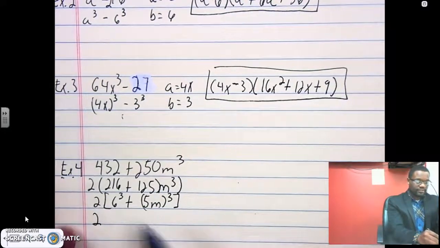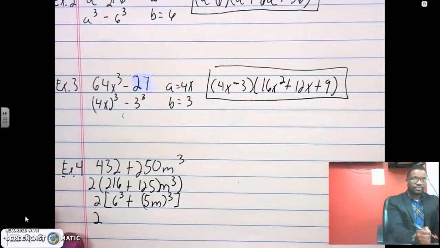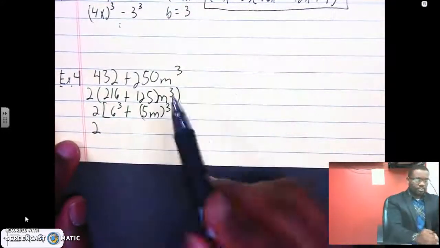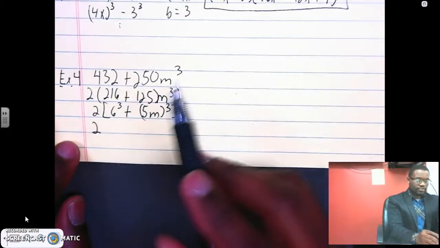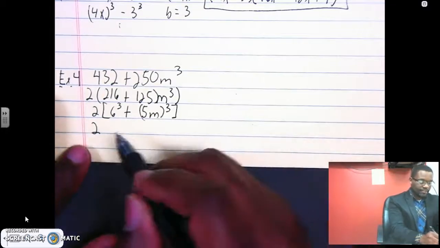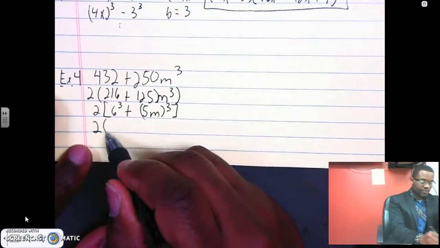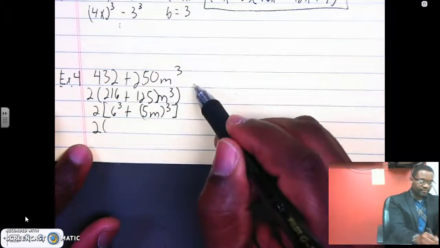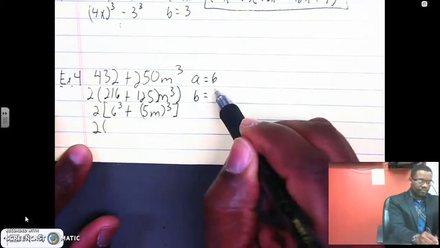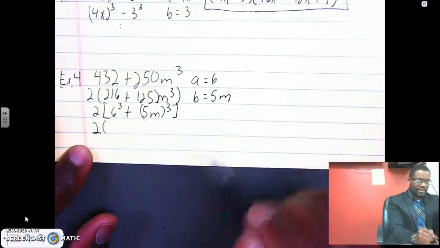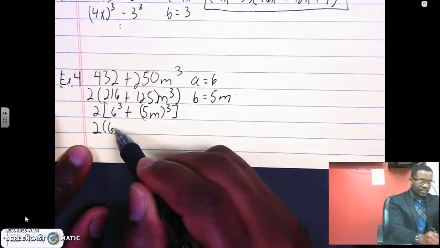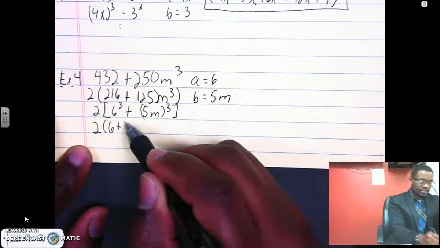I bring my 2 down, and the steps tell me, since it's a plus sign, it says, and you can look on your paper, you can actually pause this and do it yourself, but it says do A, which equals 6, and B equals 5m. It says do A, which is 6, plus B, which is 5m.